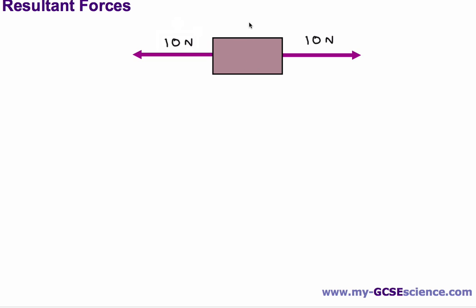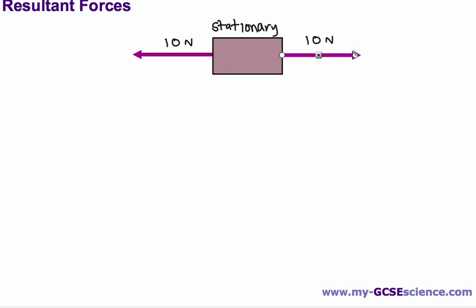If the object started off as being stationary, and by stationary we mean standing still, and we added two forces to the left and to the right, and each one was 10 newtons, you could probably imagine that each of these forces balances each other out, and so we say the resultant force, in other words the overall force, is 0. So the object would still not move. So 10 newtons in this direction, 10 newtons in that direction, resultant force of 0. So that's quite easy to understand as well.